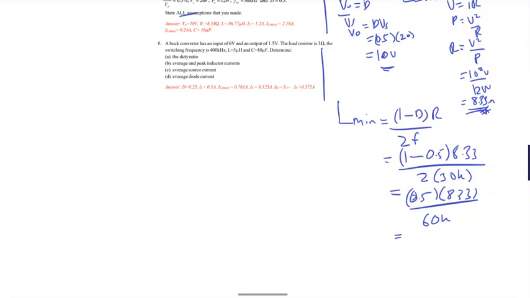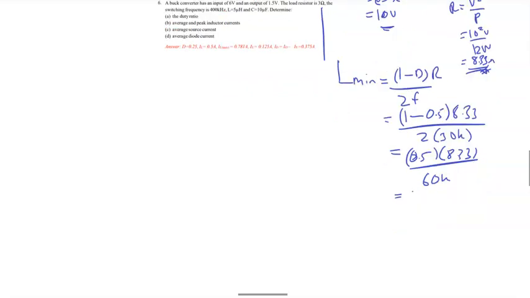So you shall get here how much? So it will be 4.165 divided by 60k. Okay, so write the steps so you won't miss your marks at least. So you will get 69.42 microhenry for your L minimum.